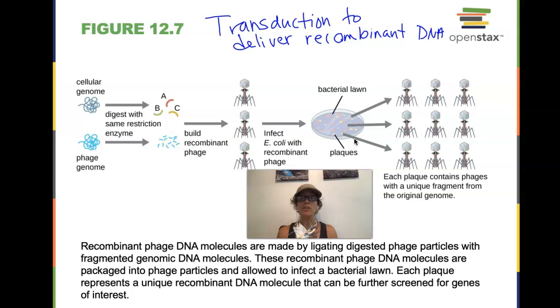But as the bacteriophage grow and take over the cells to replicate, it kills the bacteria and creates an empty space called a plaque. And each plaque, each empty space, contains phages with a unique fragment from the original genome.